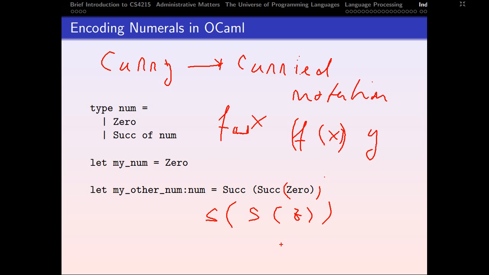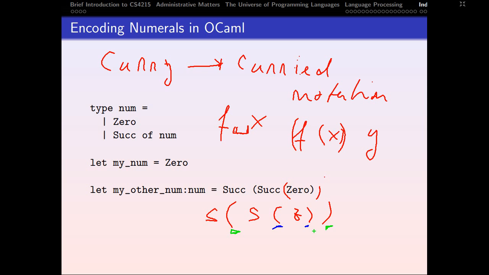Notice that the only brackets that we can get rid of are these ones. I cannot get rid of the ones I'm underlining with green, because that would change the order of the operations. The associativity of the apply is left to right, whereas what we want here is to work from right to left.